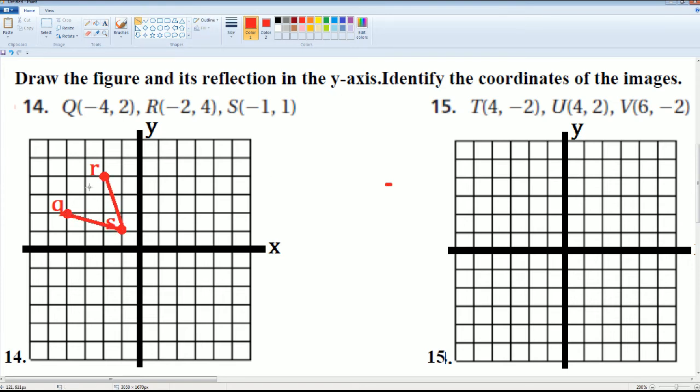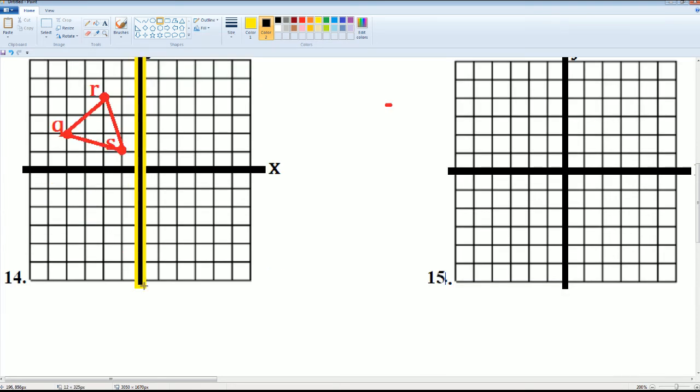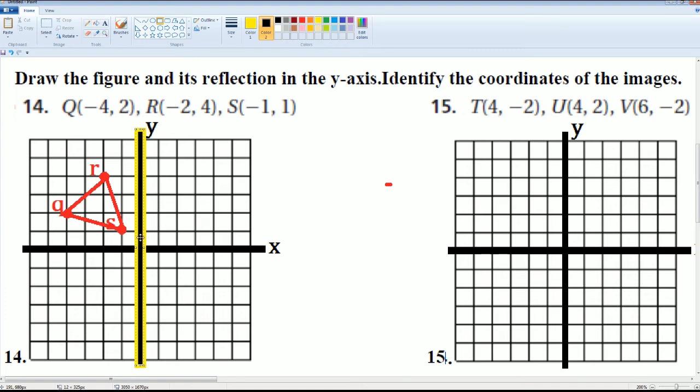Boom, boom, boom. And here it says reflected in the y-axis. Okay, so I'm going to highlight my y-axis. This is my y-axis, the one going up and down. Again, when reflected, make sure it's equal distance. I'm going to show this one with the distances.